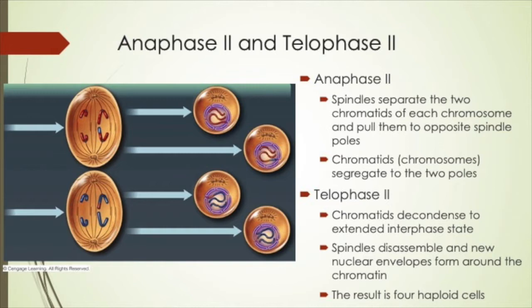Anaphase 2, this time each spindle fiber pulls those sister chromatids apart, separating them into haploid chromosomes. So the chromatids are segregated, right?